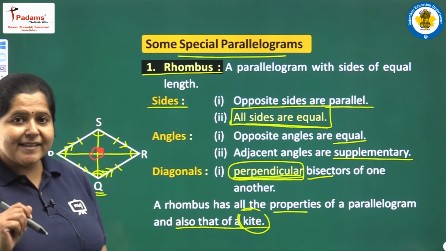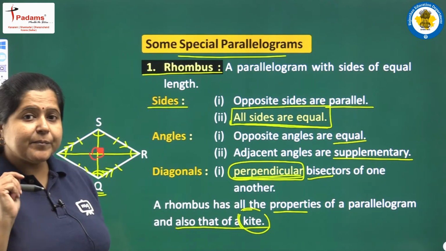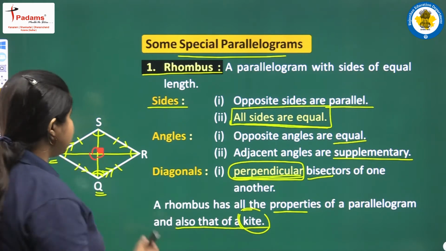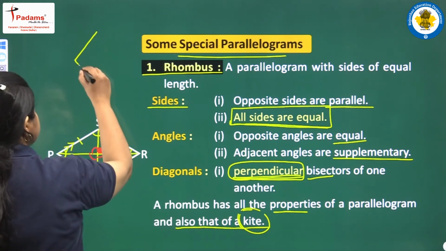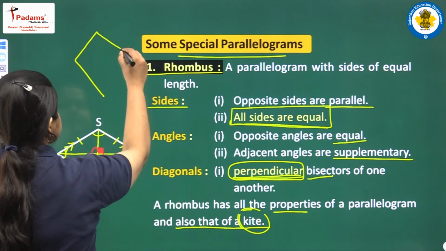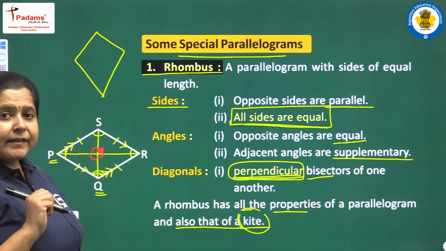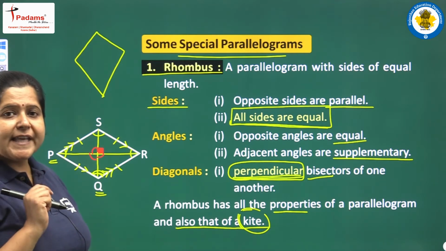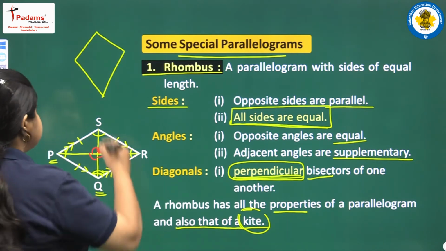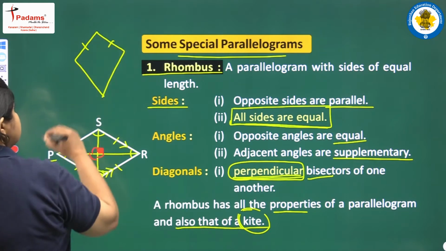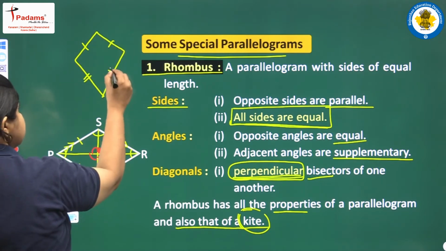Let us first recall what were the properties of a kite. Let me draw one kite here. This is a kite. Here two pairs of consecutive sides are equal. This side is equal to this one and this side is equal to this one.